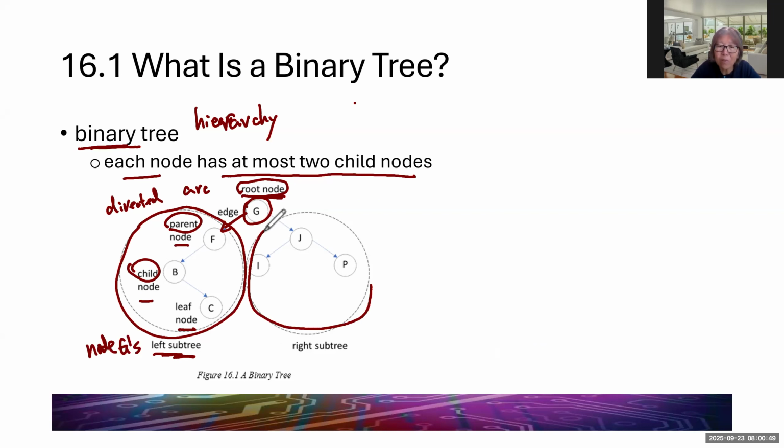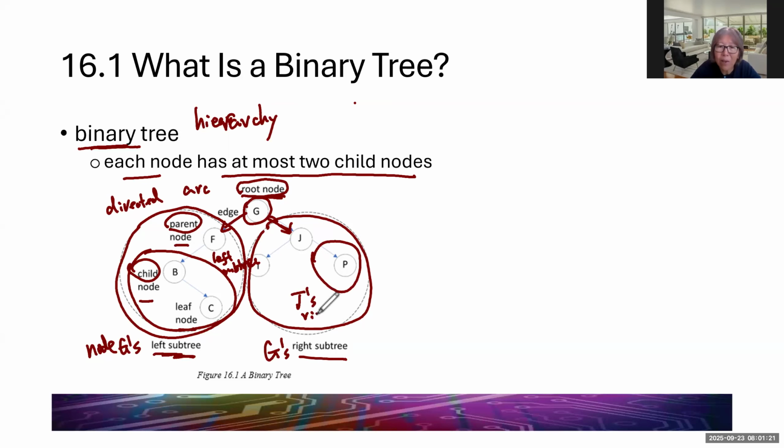And this big one is the right branch, the right subtree. Similarly, for node F, this part is node F's left subtree, and over here this is J's right subtree.